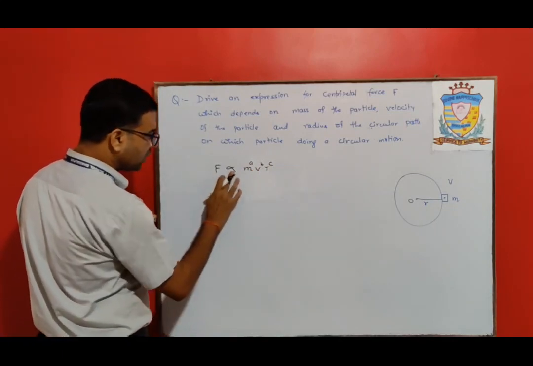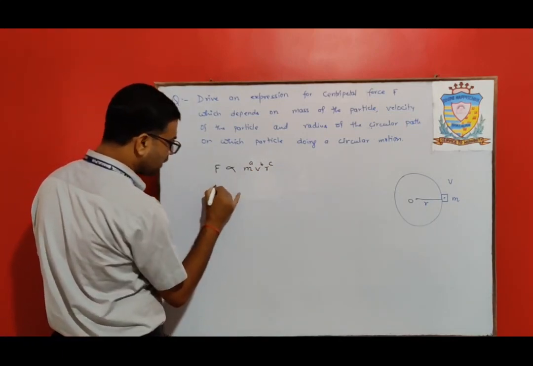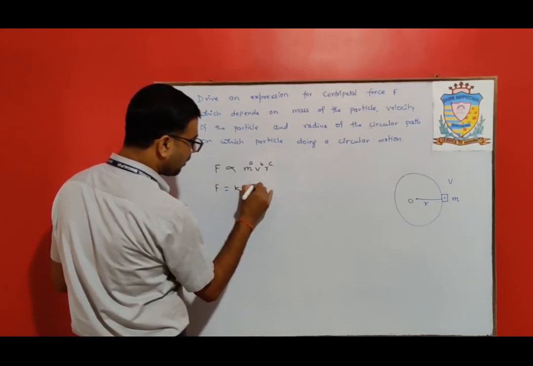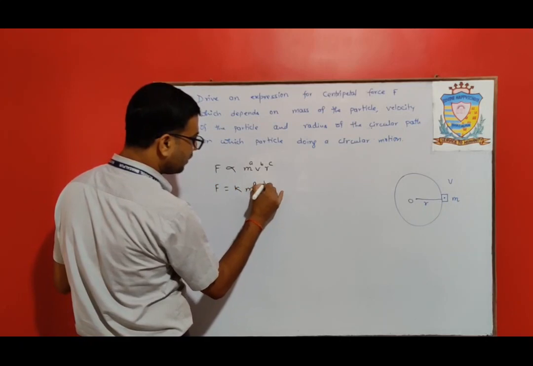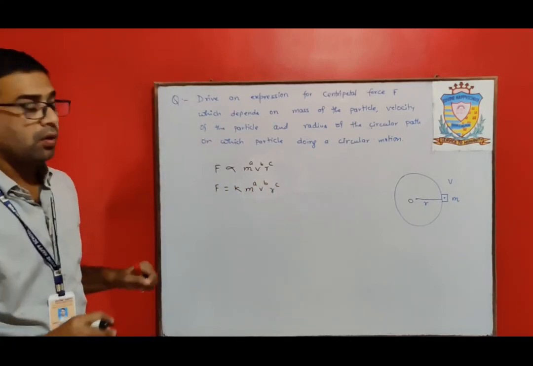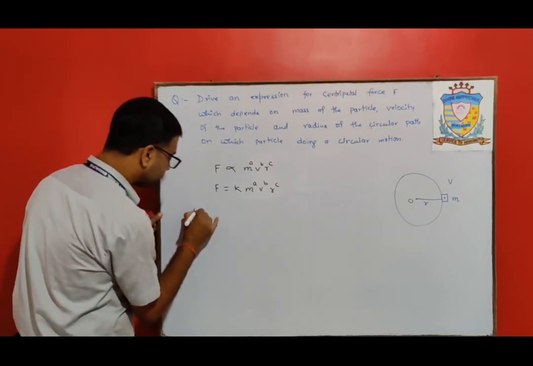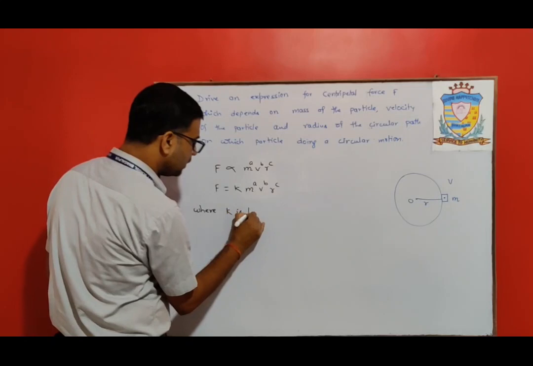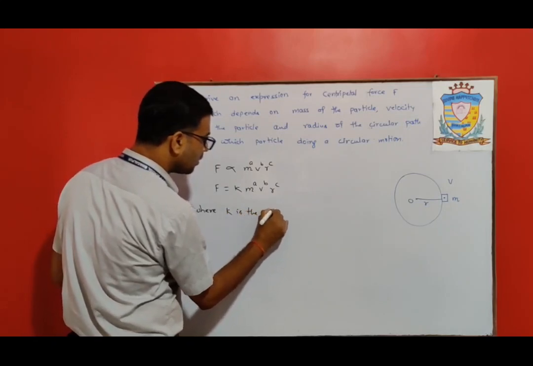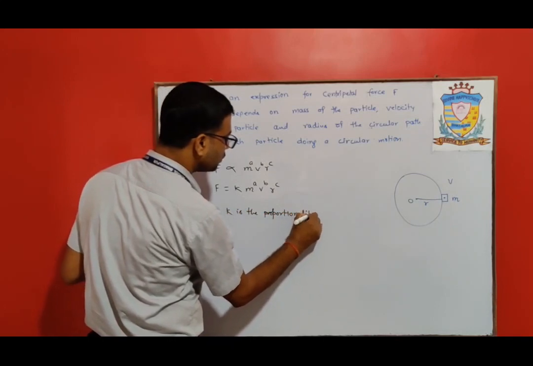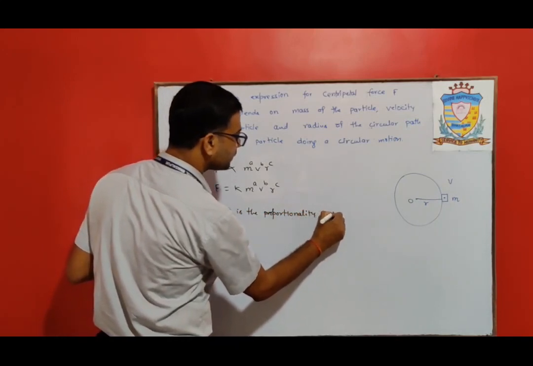Removing the proportionality sign, we have a constant k, F equals k m^a v^b r^c, where k is the proportionality constant.